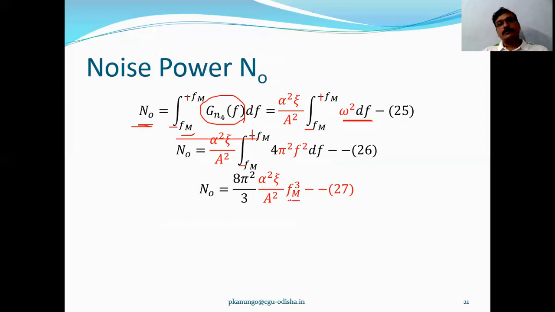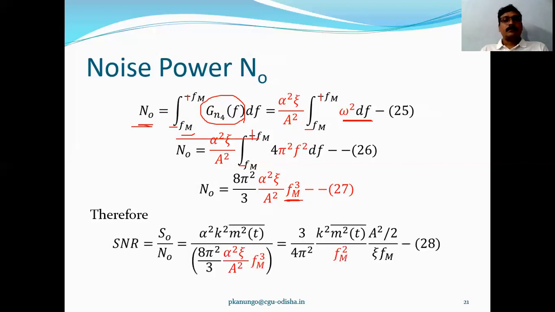FM is my frequency. If the signal bandwidth increases, then the noise power also increases, because the baseband filter bandwidth depends upon my signal frequency bandwidth. So the noise power also depends upon my message signal bandwidth.